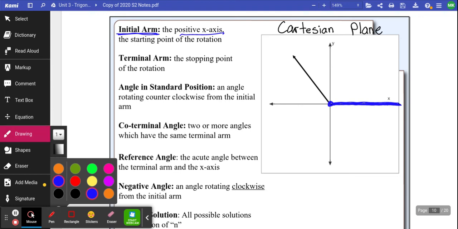In this case, my terminal arm is this thing sticking out right there. Initial, that's where I started. Terminal is where I've rotated to and where it stops. Terminal stops.